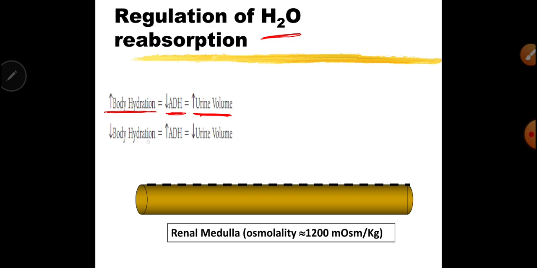And at the time of decreased body hydration, of course, ADH will be increased and urine volume will be decreased. So this is an example of how our kidney can control the amount of urine excreted depending on the production of antidiuretic hormone, the countercurrent mechanism, and other mechanisms for tubular reabsorption.